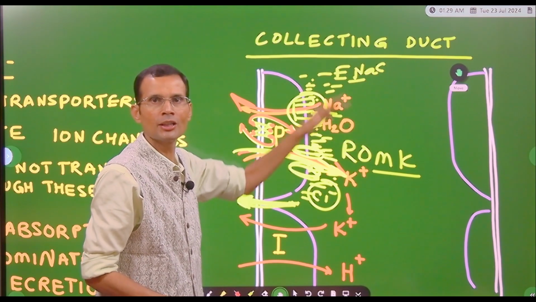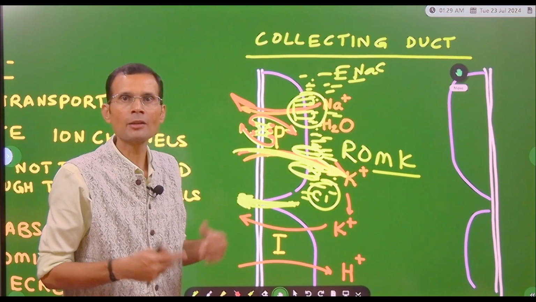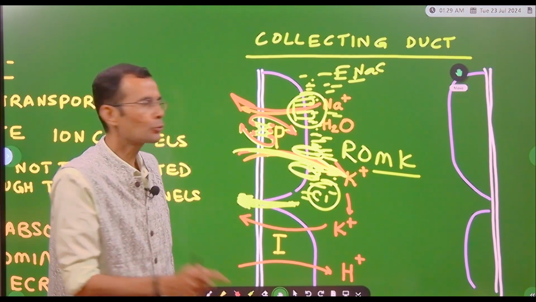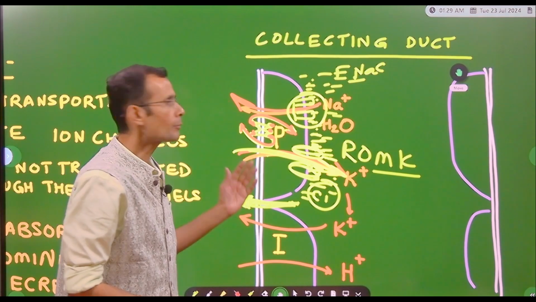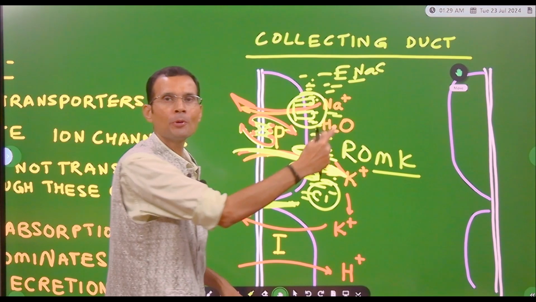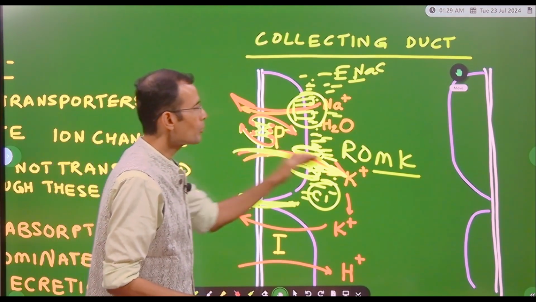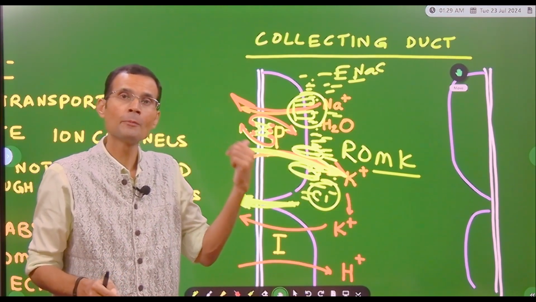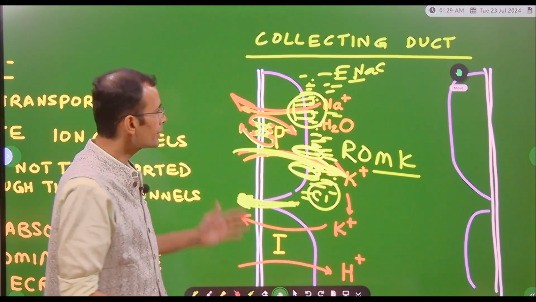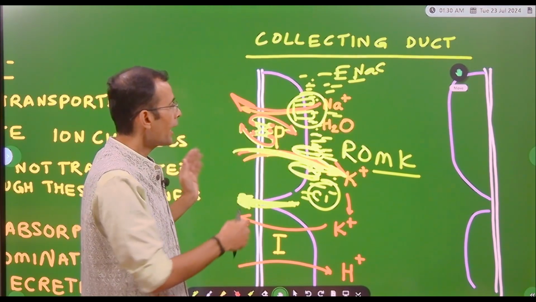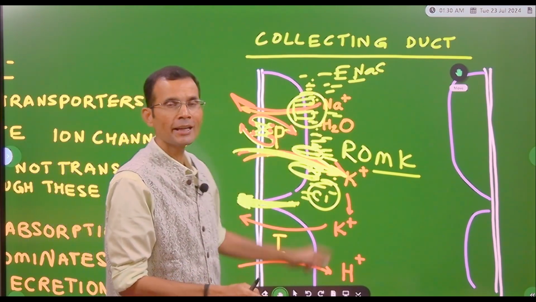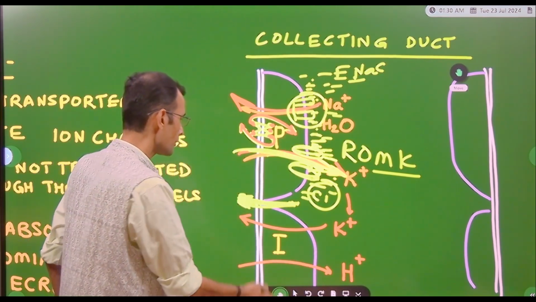More and more sodium was delivered to this segment. That means there was increased load for sodium reabsorption, and the more the sodium reabsorption load, the more positive charges driven out, that means more lumen negative potential, and that means more and more secretion of potassium caused by the other diuretics, the loop diuretics and the thiazide diuretics. They were increasing that load of sodium reabsorption, and thereby increasing the potassium secretion because of that lumen negative potential getting developed here.